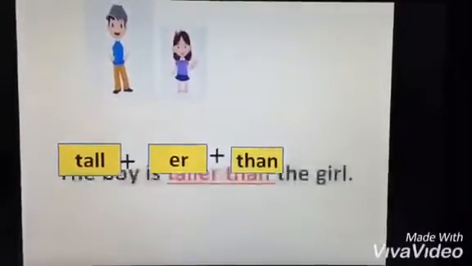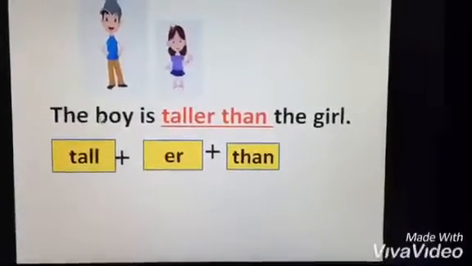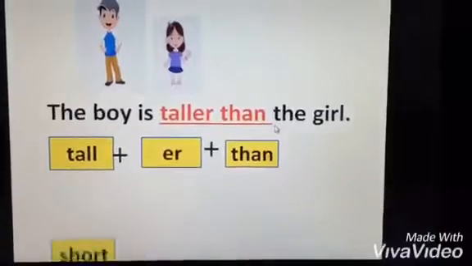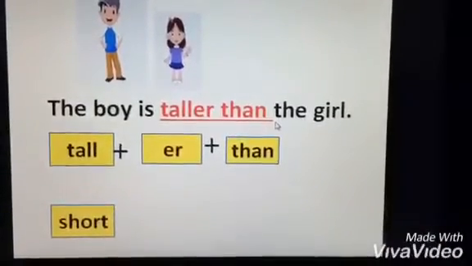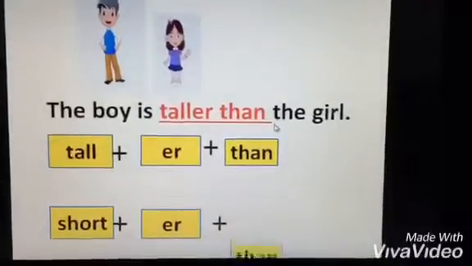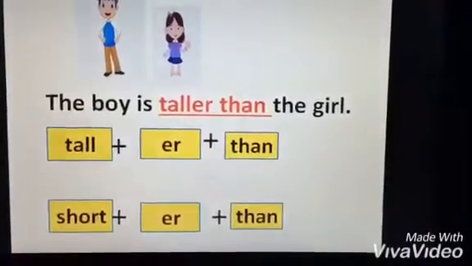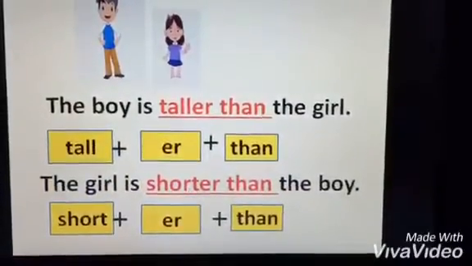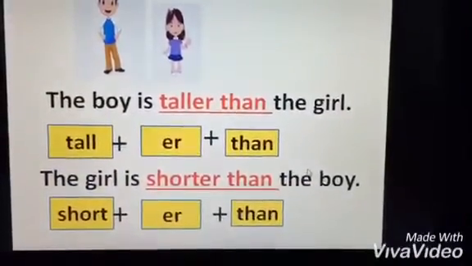So the boy is taller than the girl. The same thing, short, just add er in the end to make it a comparative adjective plus than. Short becomes shorter. The girl is shorter than the boy.